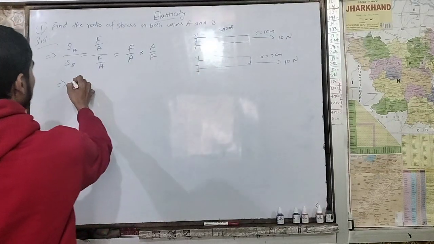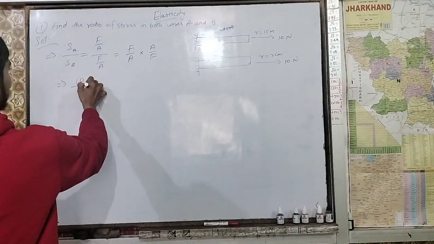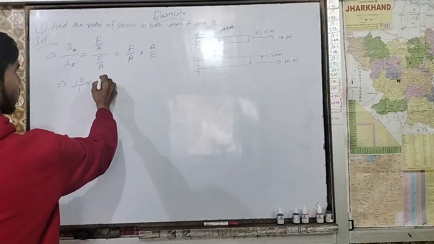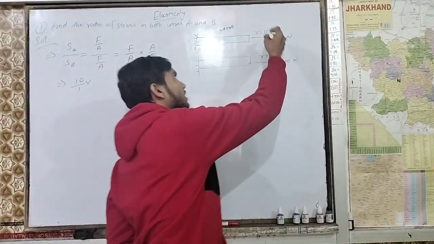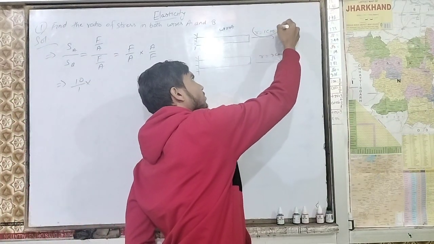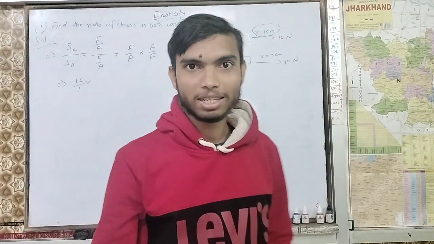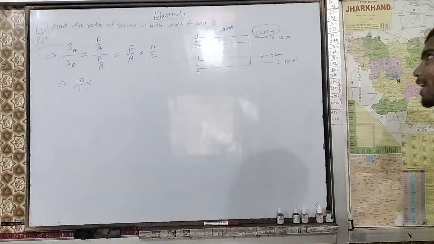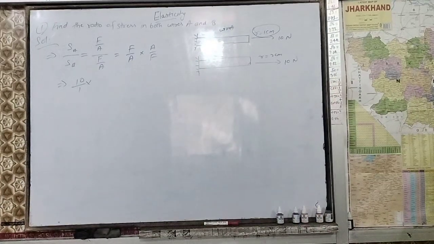So F is 10 and A is 1. And for the second wire, A is how much? Remember this 1 centimeter is what? This is the radius of the circle of the wire. And I was thinking that this is a distance. No, it's not a distance.